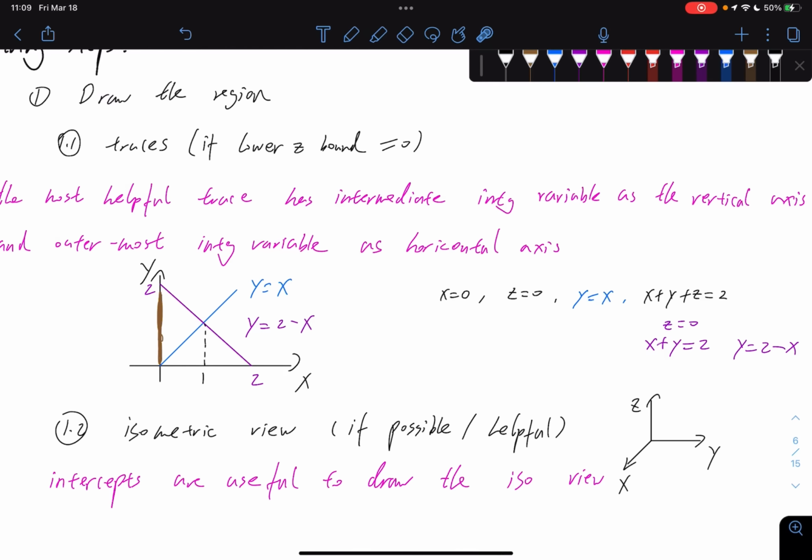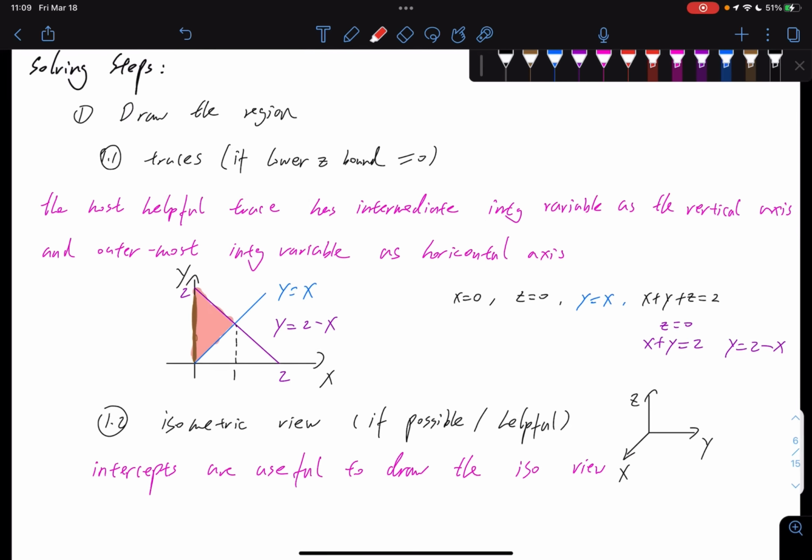So the common intercepting region of these three lines is just this little triangle right here. Let me make this line a little bit thinner. Right, so this will be our region of integration, at least in the 2D case.